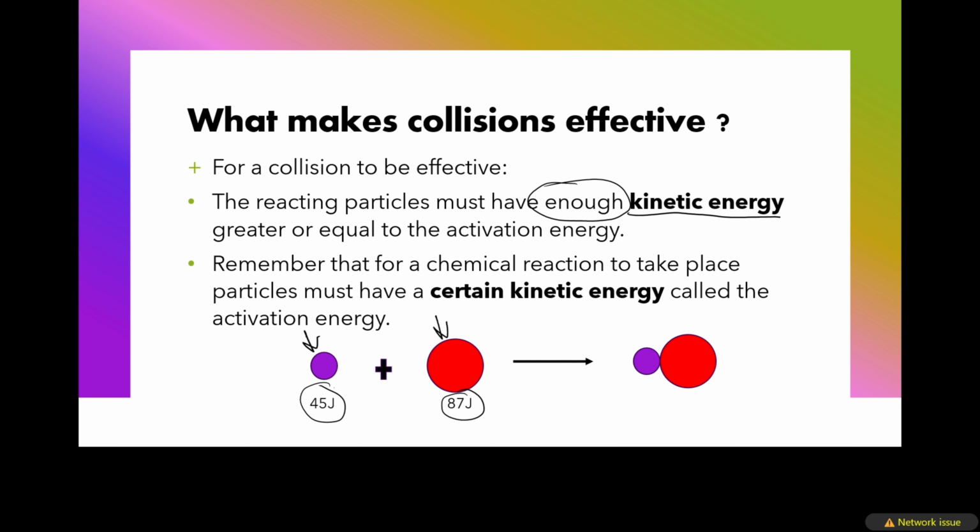When I'm saying that the kinetic energy is enough, it means that it is greater than or equal to the activation energy. Remember, the activation energy is the minimum energy required for a reaction to take place, right? For example, for this reaction to take place here, let us say that the minimum energy required is 100 joules. So it means that these two reactants must have an energy of 100 joules so that this reaction takes place.